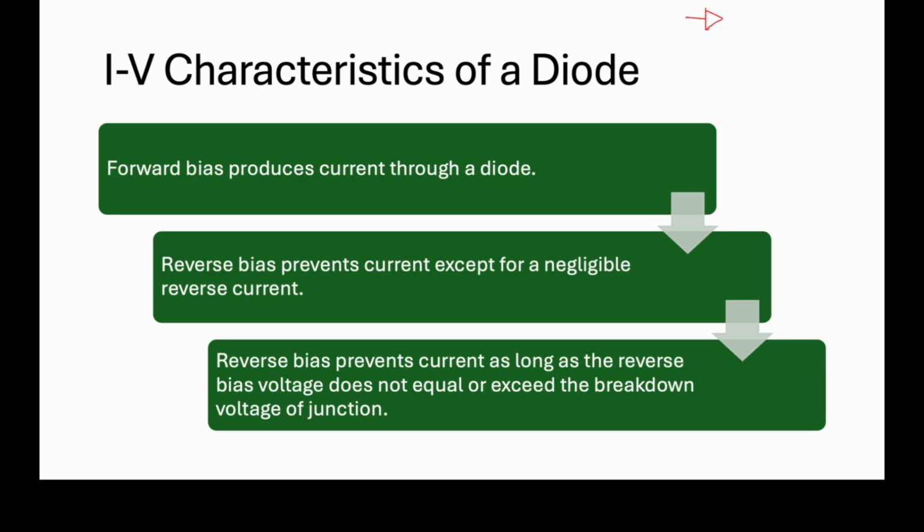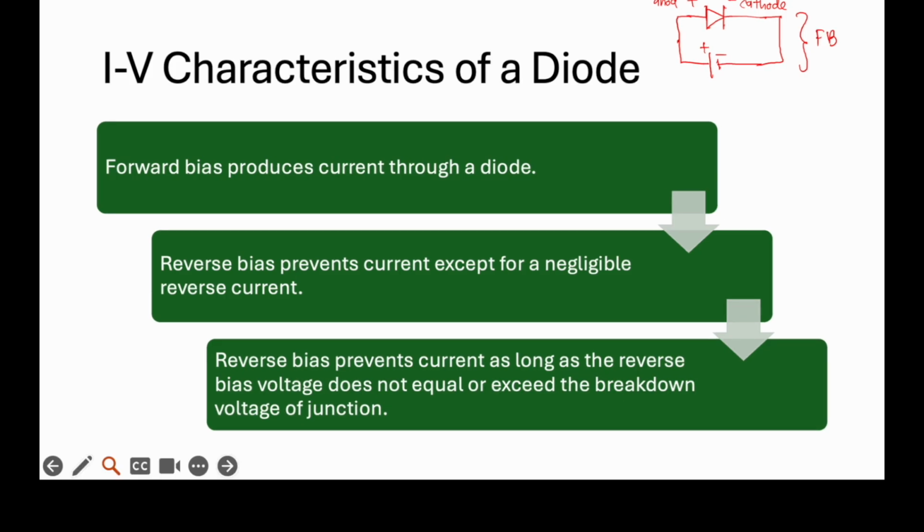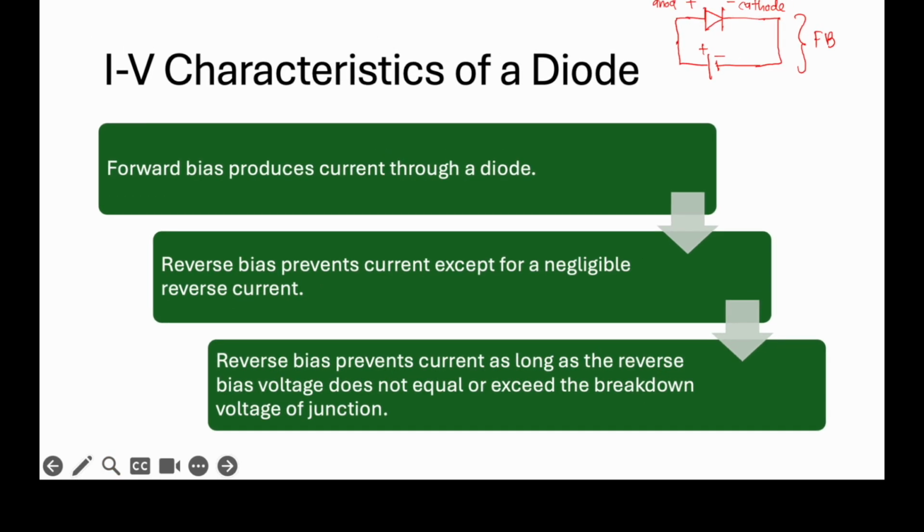If we recall, this part is known as the anode and this part is known as the cathode. When the anode is connected to the positive side of a terminal, and the cathode is connected to the negative side of a terminal, this configuration is a forward bias configuration, where it allows the current to pass through the diode.